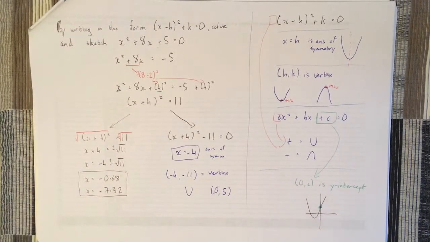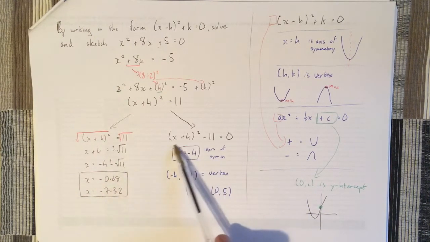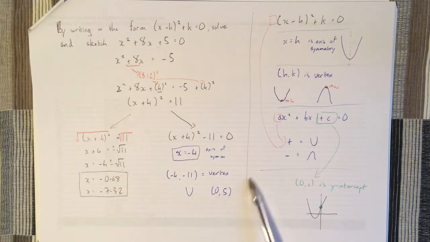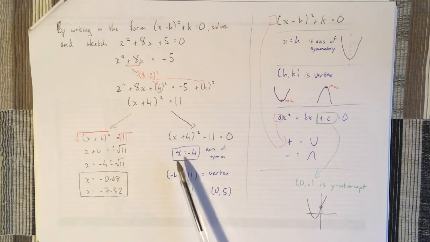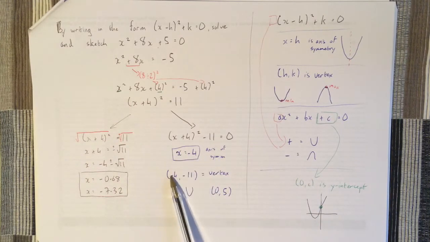So I have all the information I need to quickly sketch this. What I will just do before that is, how can you use the roots to help you get the signs of this correct? Because it is a decision you need to make. Is this x is equal to 4 or is this minus 4? Should this be 4 or minus 4? Should this be 11 or minus 11?